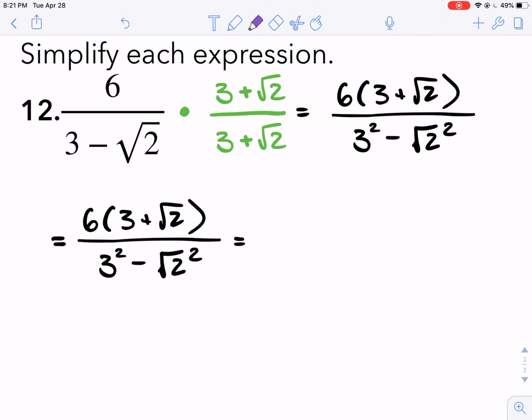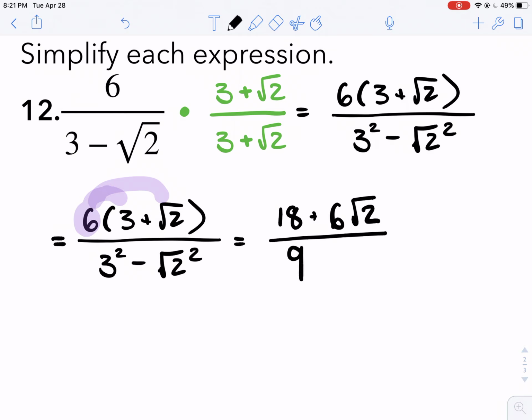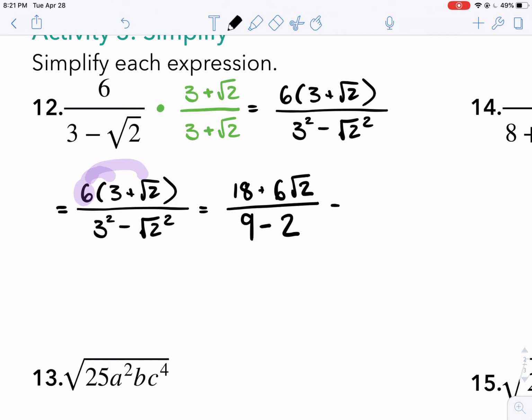Now we can distribute our 6 to both terms. We get 6 times 3 is 18, plus 6 times the square root of 2, all over 3 squared is 9, square root of 2 squared is 2, and that gives us 18 plus 6 times the square root of 2 all over 7.